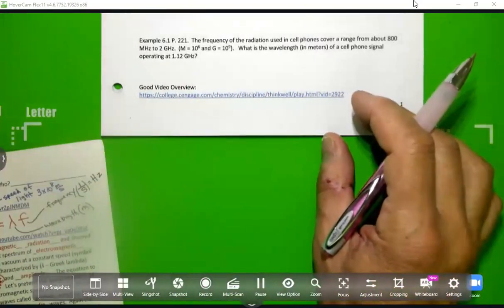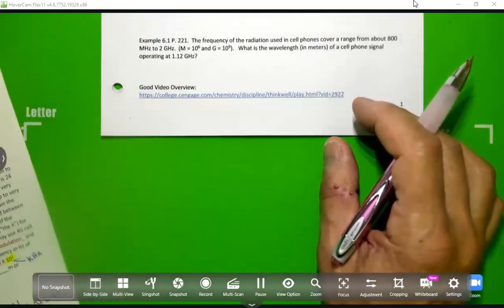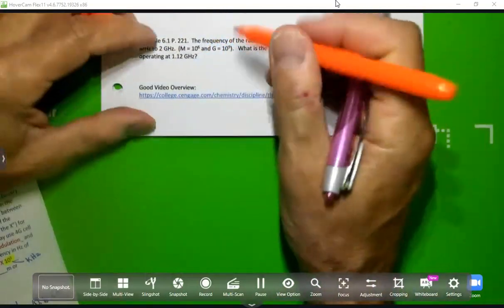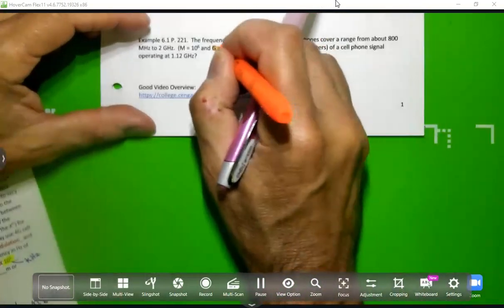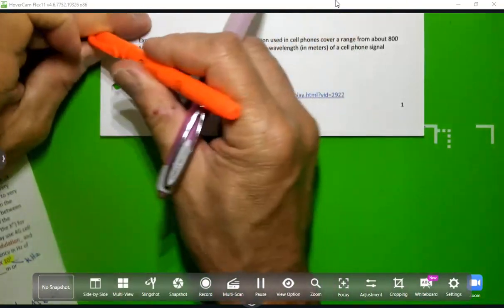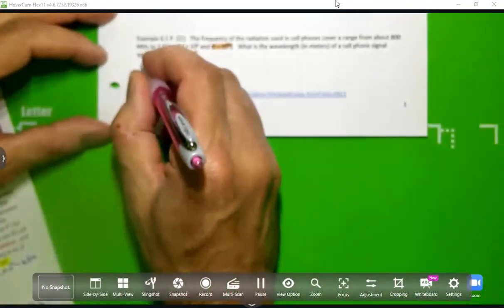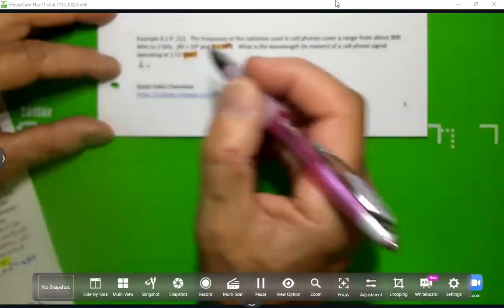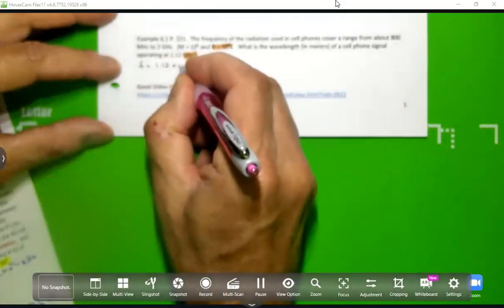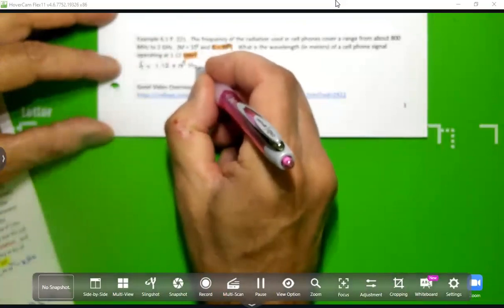What is the wavelength in meters of a cell phone signal operating at 1.12 gigahertz? Now, giga is 10 to the 9. So my frequency is 1.12 times 10 to the 9th hertz.